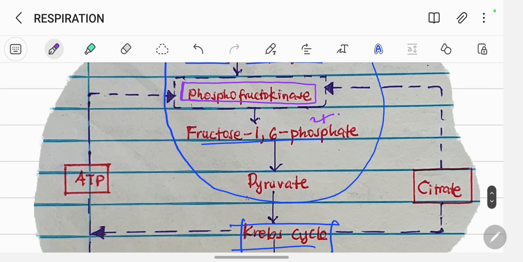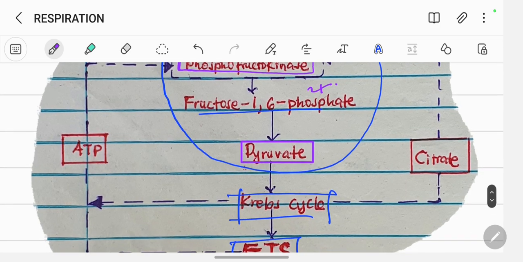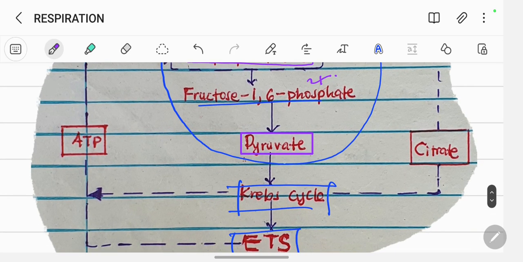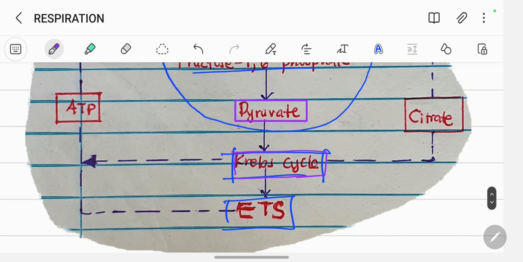As we convert it, it breaks down to PGAL and dihydroxyacetone. Then we follow that series of reactions in glycolysis, and we end up with pyruvate. This pyruvate enters the Krebs cycle within the mitochondria.